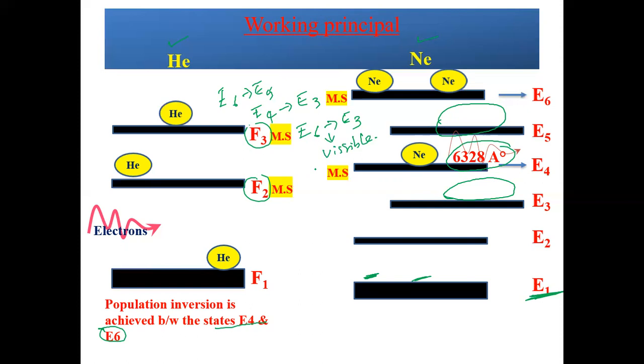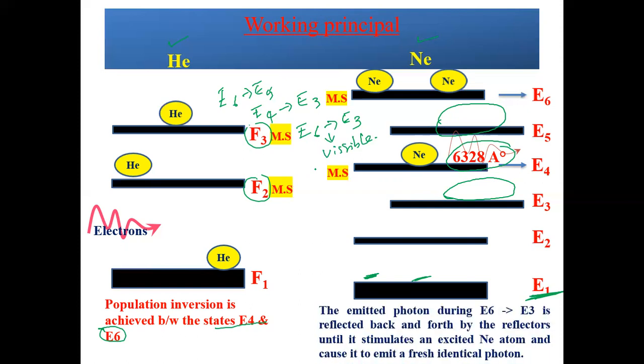And the emitted photon is completely reflected back and forth by the reflectors, and stimulates an excited neon atom and causes it to emit a fresh identical photon.